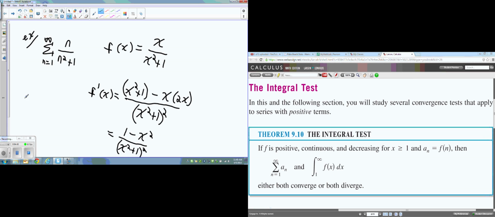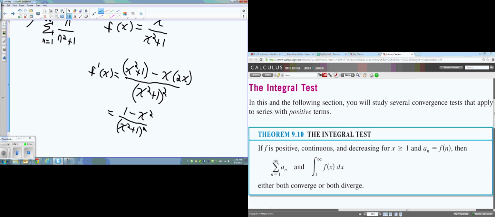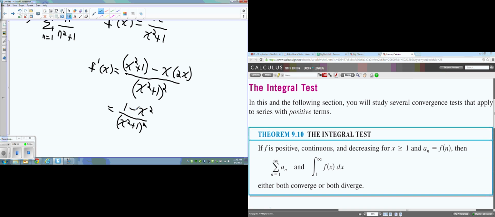So the critical numbers. Well, the denominator cannot equal 0, but the numerator can. The numerator equals 0 if x is equal to either 1 or negative 1, right? So the critical numbers are 1 and negative 1.